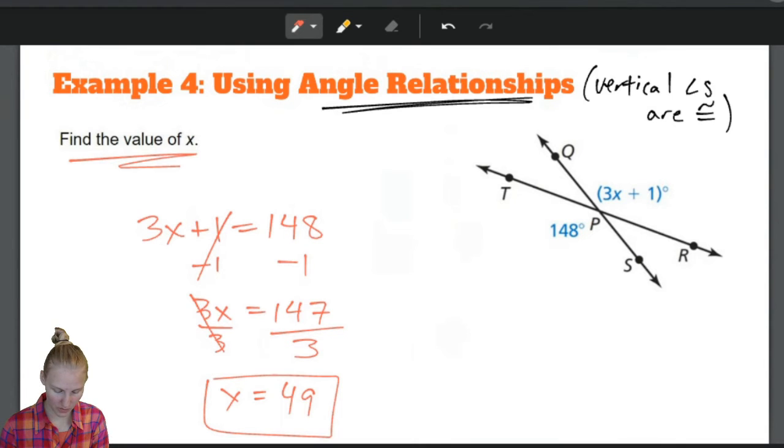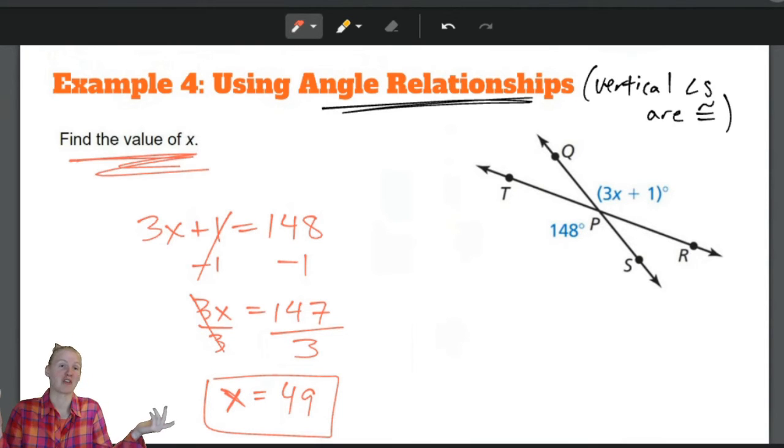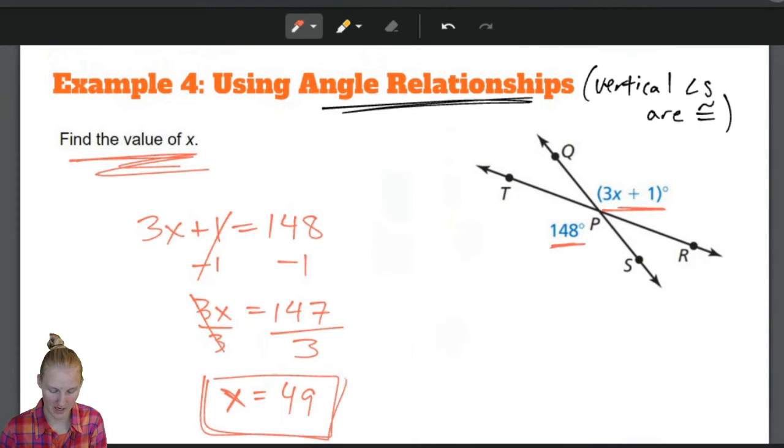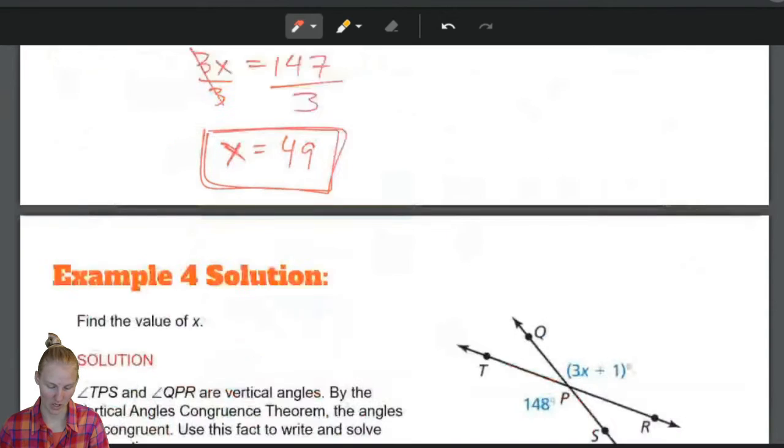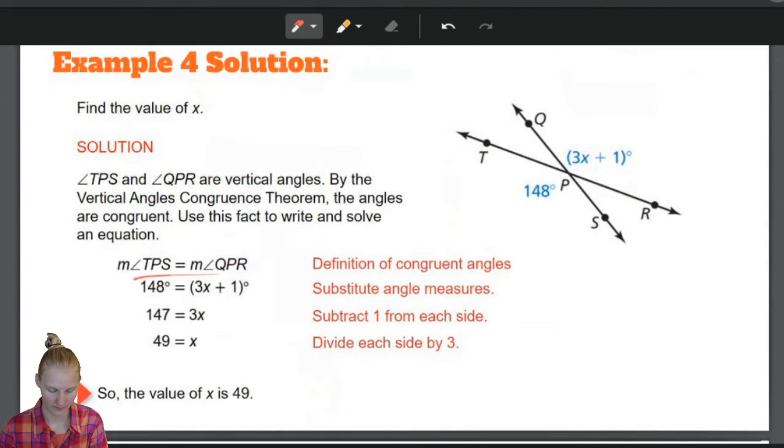Okay, so we do our algebra and x equals 9. Are we done? Yes, we are, because it just told us to find the value of x. It didn't say find the value of angle QPR, but we already know the value of angle QPR. It's 148. So they just told us to find x. We found x, so we're done. And we can check our answer. Yeah, look at that. Definition of congruent angles.